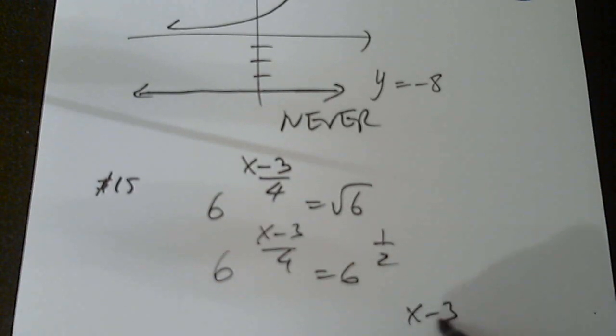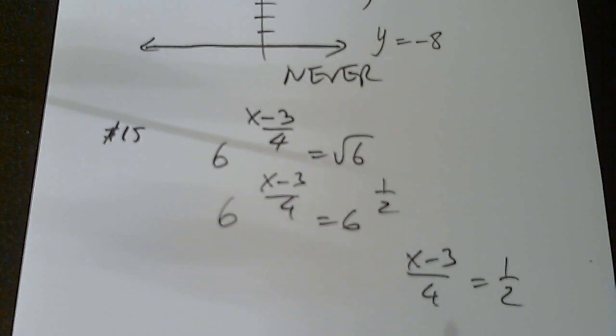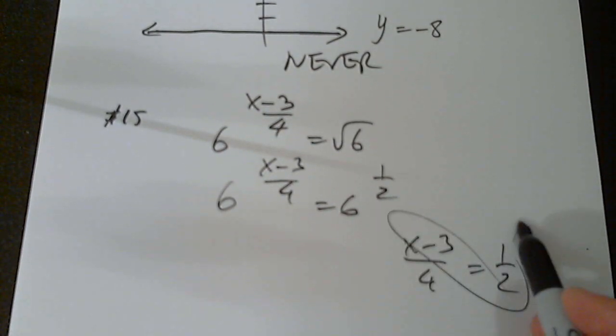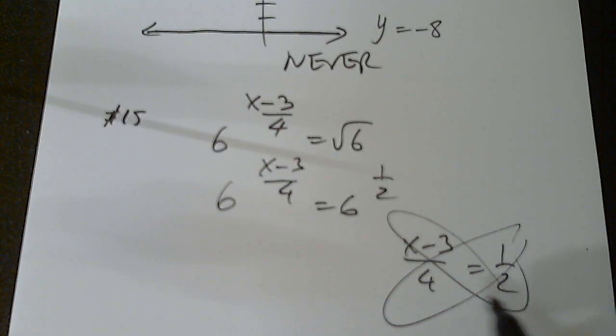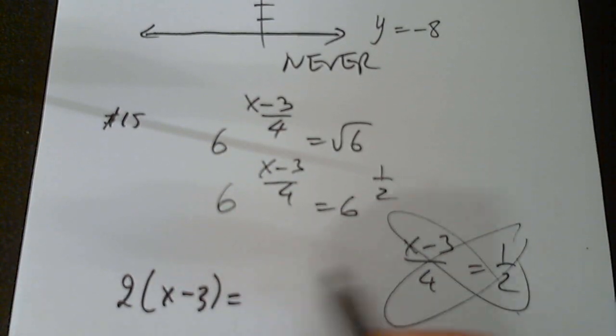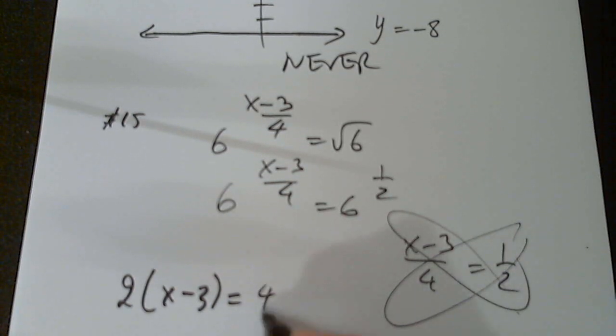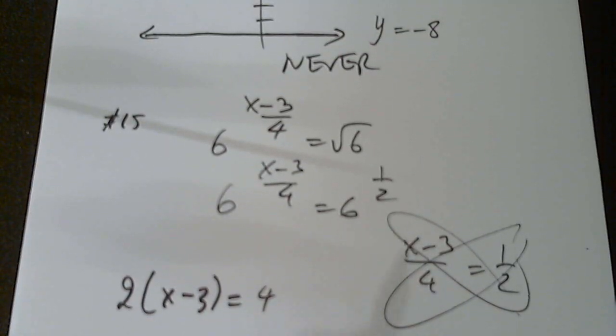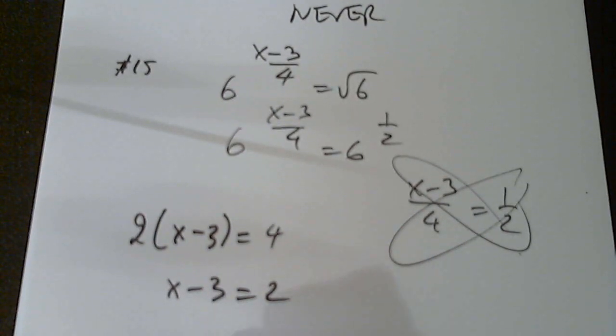So x minus 3 over 4 must equal 1/2. And as we know, this is a proportion. This times 2 quantity x minus 3 must equal 4 times 1. I will prefer dividing both sides by 2 and then adding 3 to both sides.